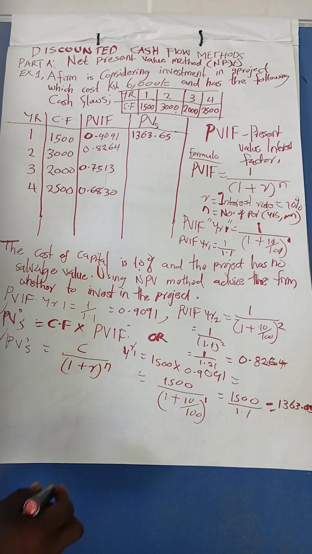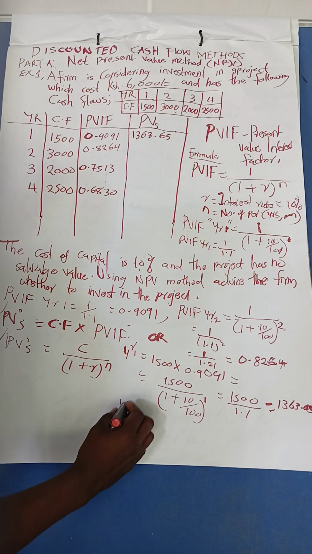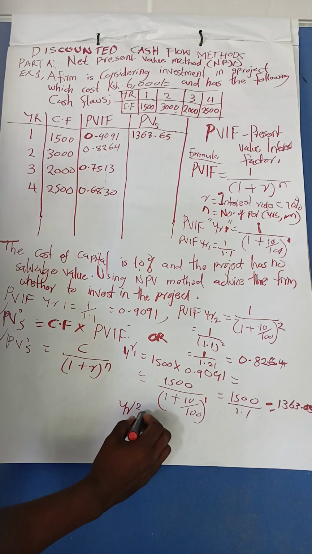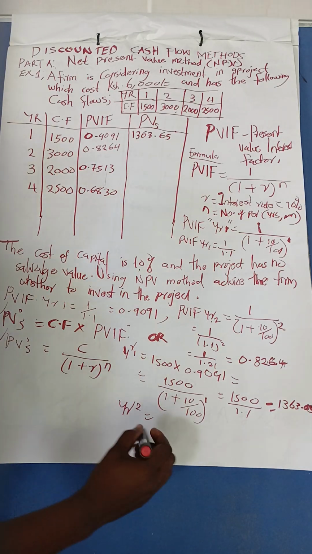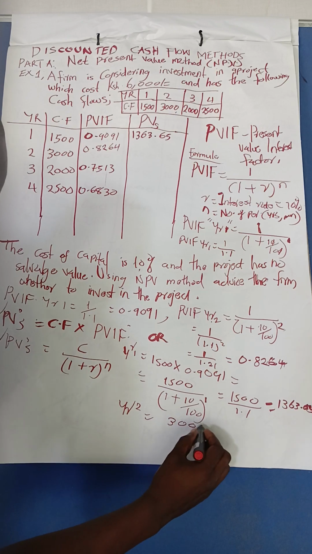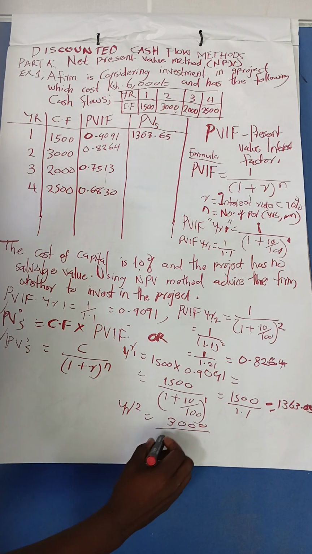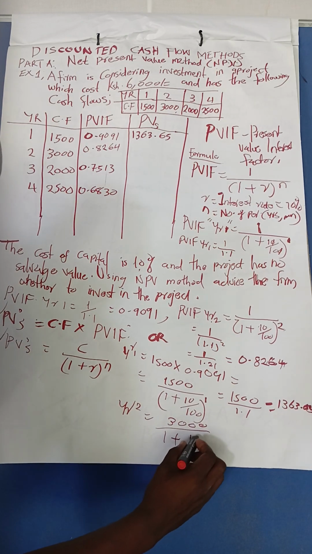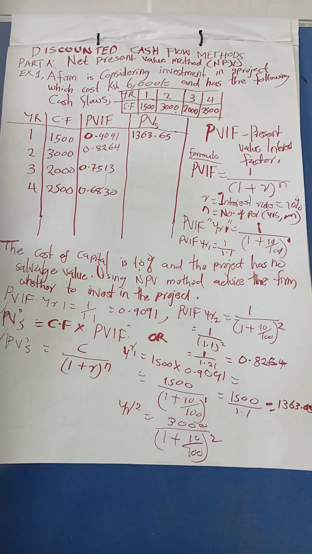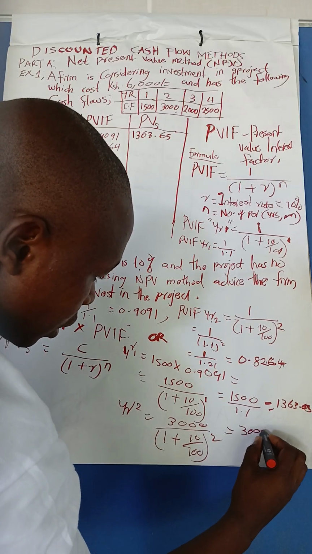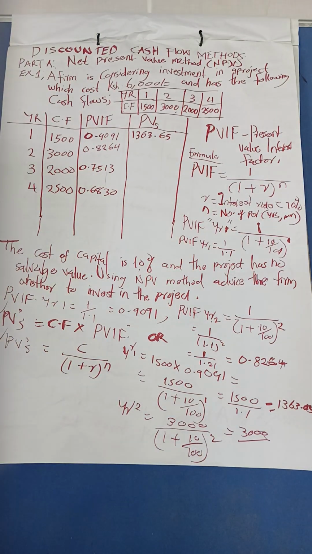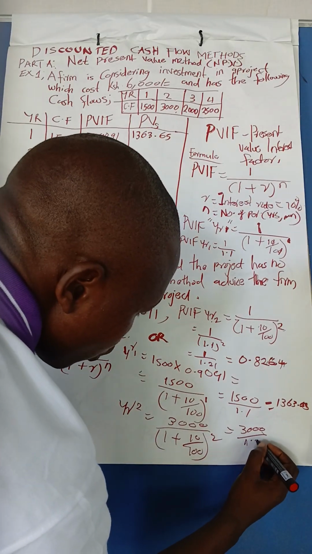Like for the second year, using this formula, year 2, it will be what? The cash flow for that year is 3,000. You divide by 1 plus the rate, which is 10 over 100, squared, because it is the second year. So it will be 3,000 divided by 1.1 squared. We got what? It's 1.21.